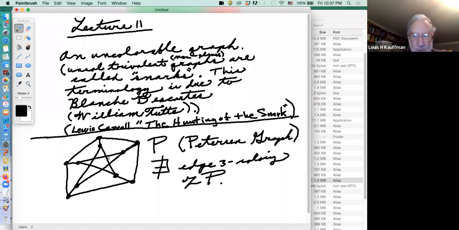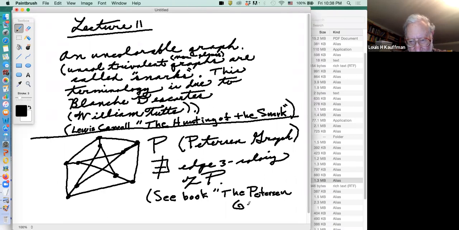And the Peterson graph, for one reason or another, ends up being an example that comes up in lots of different graph theory problems. I won't try to enumerate them, but I do recommend the book entitled The Peterson Graph, an entire book of about 300 pages devoted to the Peterson graph and its properties.